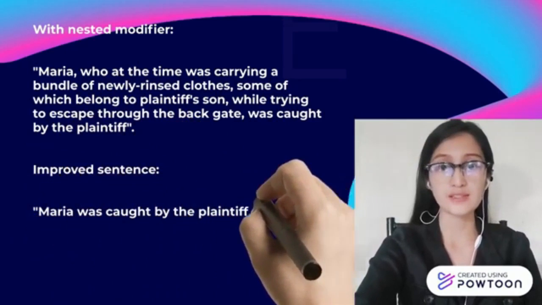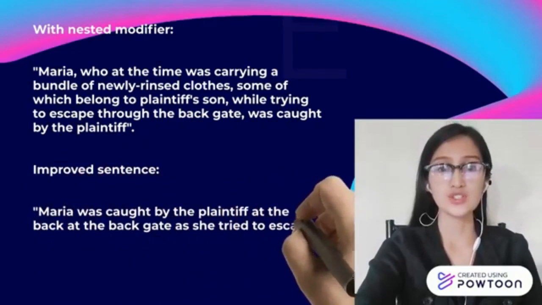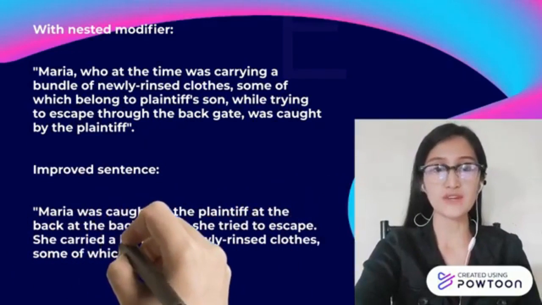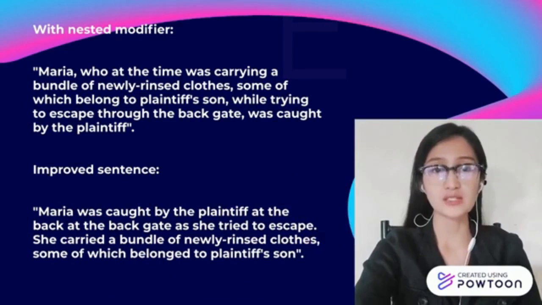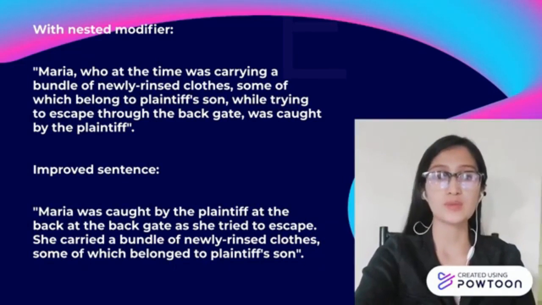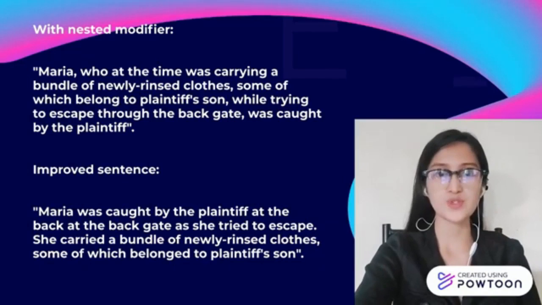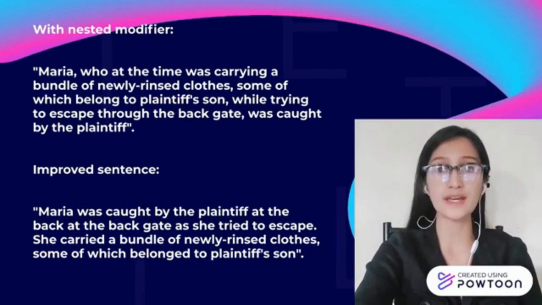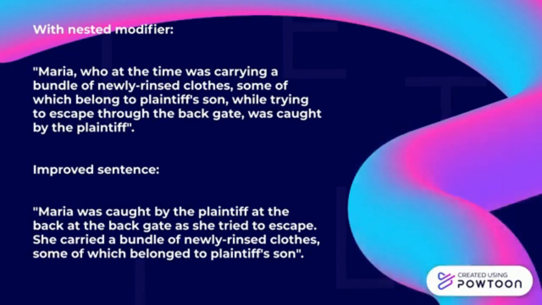In the improved sentence, we can use this: Maria was caught by the plaintiff at the back as she tried to escape. She carried a bundle of newly rinsed clothes, some of which belonged to the plaintiff's son. So, in the second sentence, we are no longer modifying the modifier.